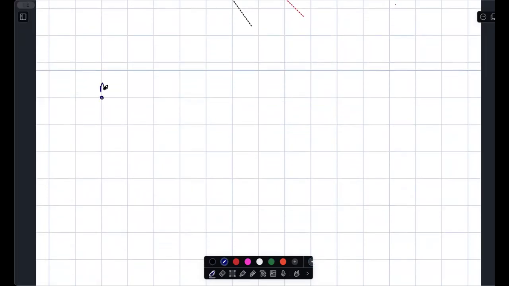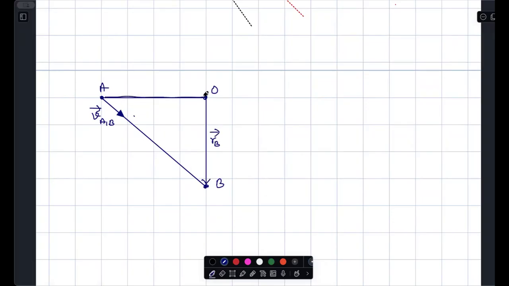Here is your A, here is your O, here is your B. Suppose the relative velocity of A with respect to B is in this direction. Don't forget, this is RB bar and this is RA bar.